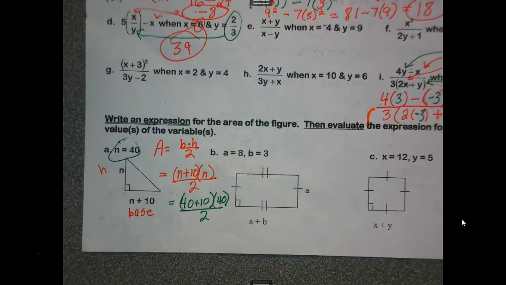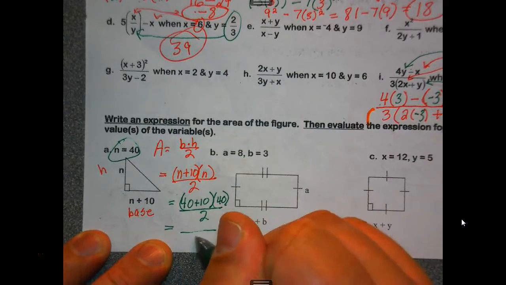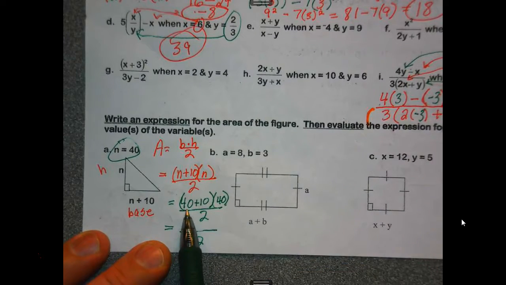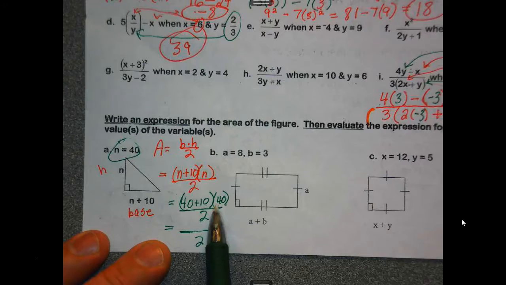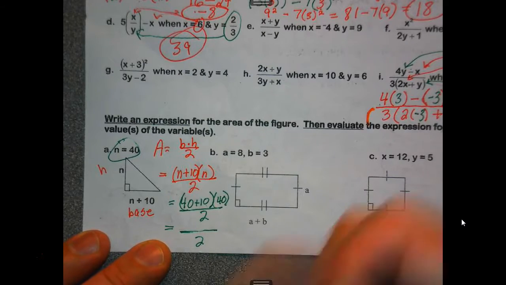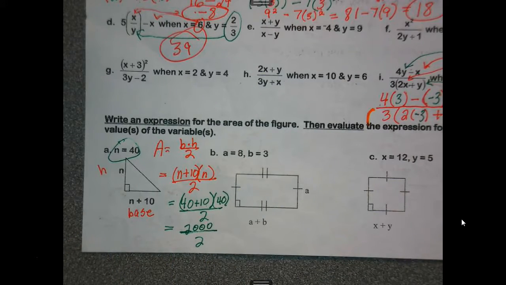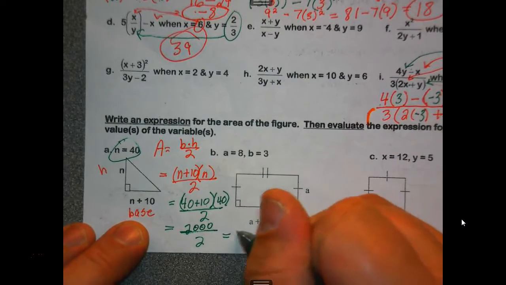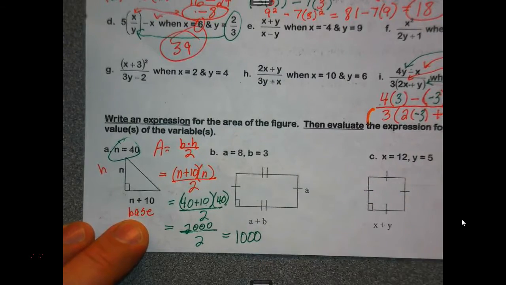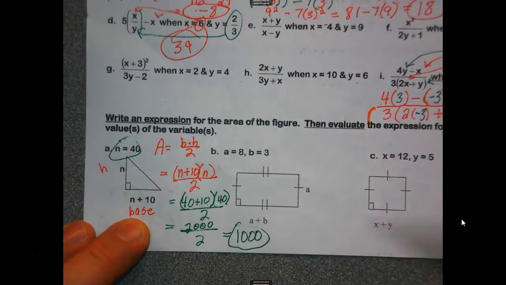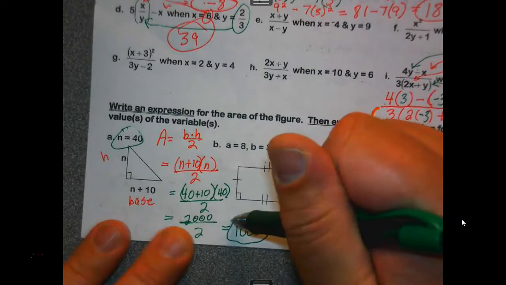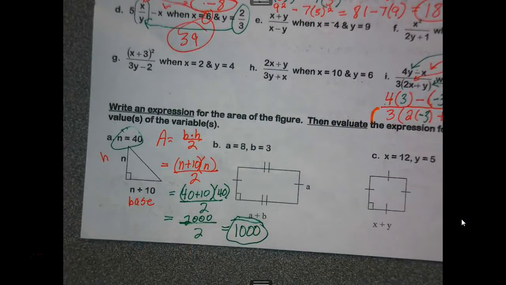And again, I'm going to do the numerator first and then the denominator. Nothing to do in the denominator. 40 plus 10 is 50. 50 times 40 is 2,000. Half of 2,000 is 1,000. If we had units, we would put units squared, right? Area. Pen's running out of ink already.